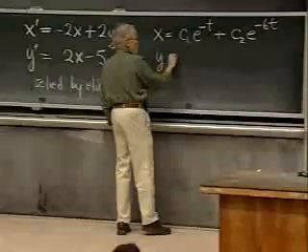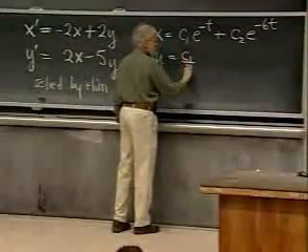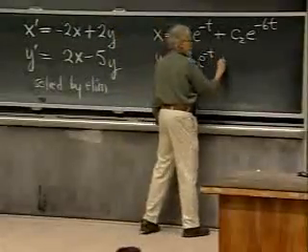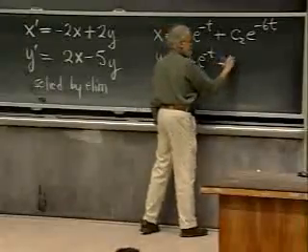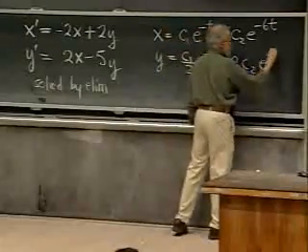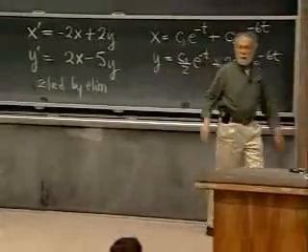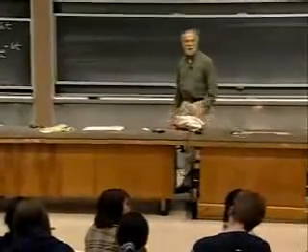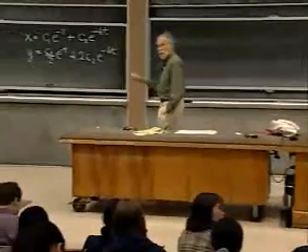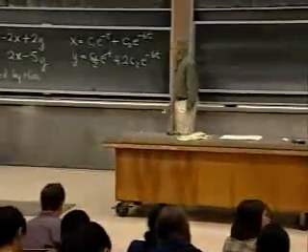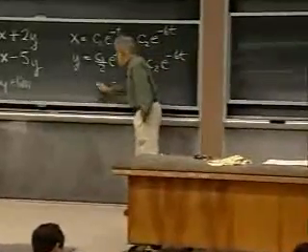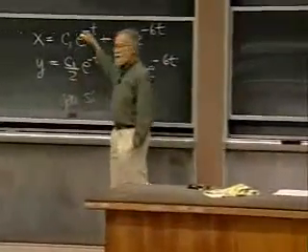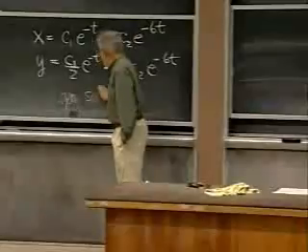And y was C1 over 2, e to the negative t, plus minus 2 C2, e to the negative 6t. That was the solution we got. And then I went on to put in initial conditions, but we're not going to explore that aspect of it today. We will in a week or so. So this was the general solution, because it had two arbitrary constants in it.